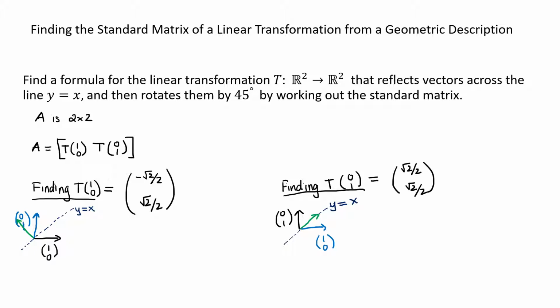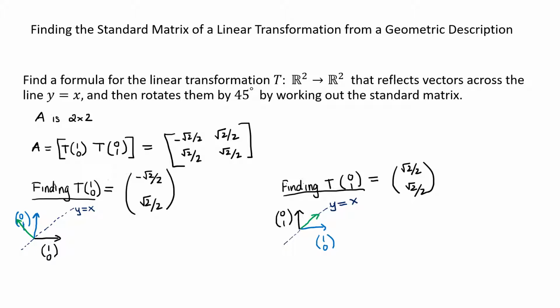And so we have found our standard matrix A. And in order to find our formula for this map, all we need to do is take A and multiply it by the generic vector x, y.